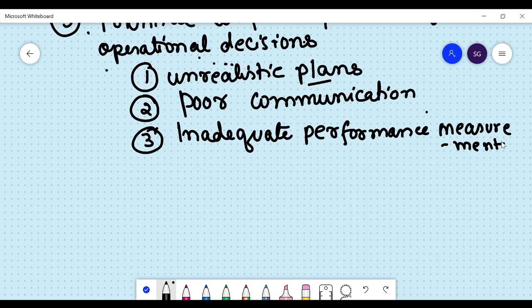So if we do not measure the performance well, we will not be able to actually realize whether we have achieved the targets, and then it creates a potential conflict.